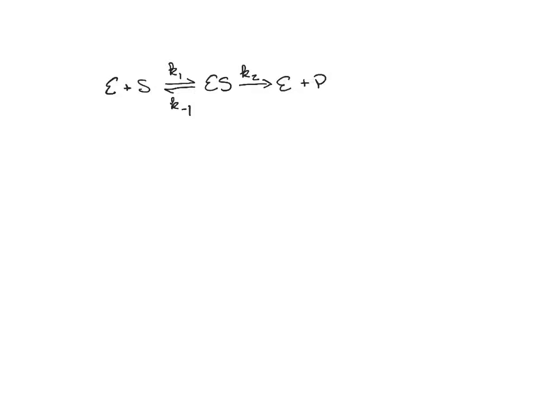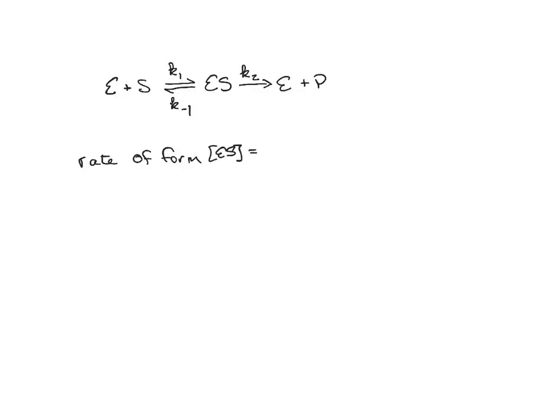So from this, we can write equations for the rate of formation and the rate of decay of the enzyme substrate complex. So the rate of formation of the enzyme substrate complex is just all the things coming towards the enzyme substrate complex.